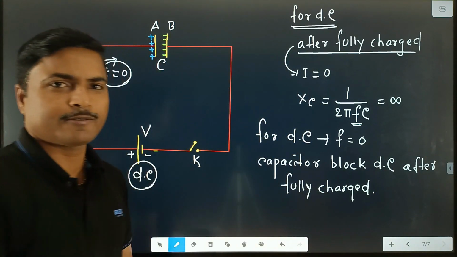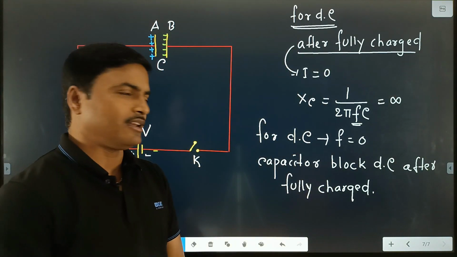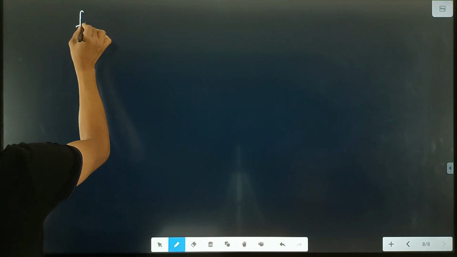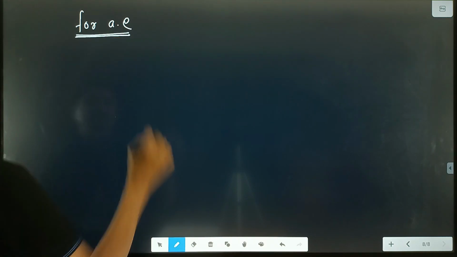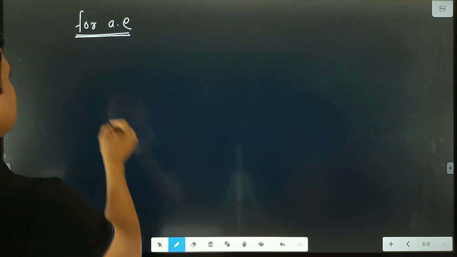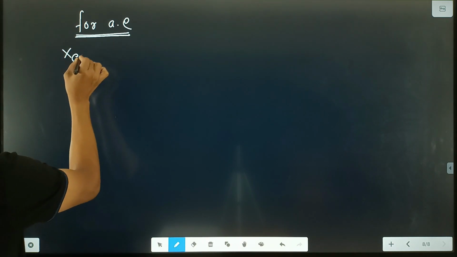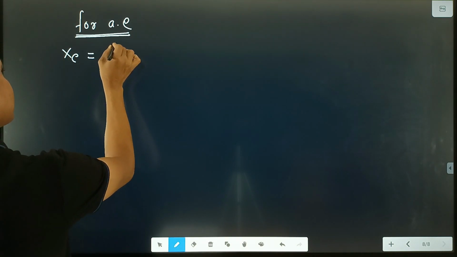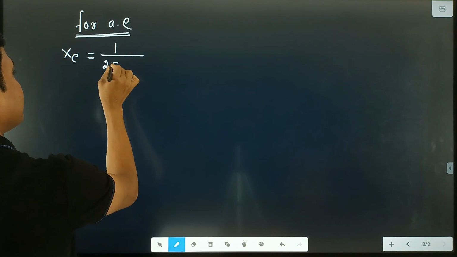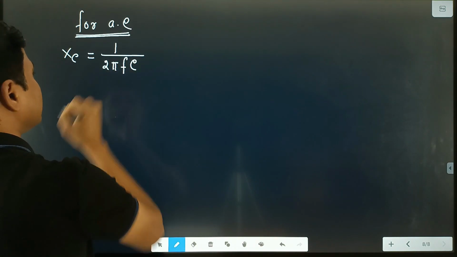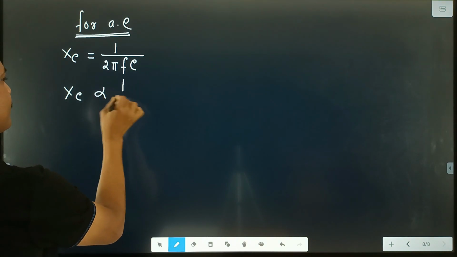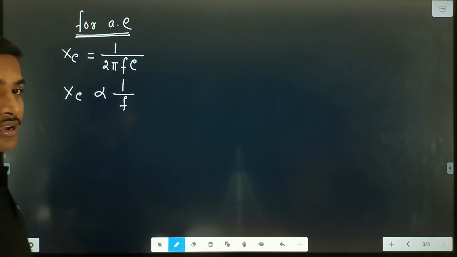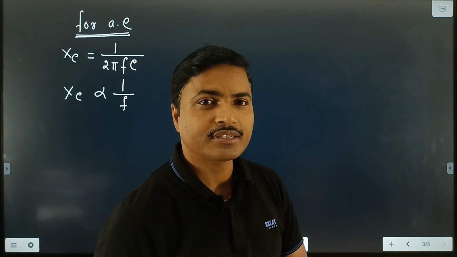After fully charged. Clear? Similarly, for AC, what happened? You know this is the expression for XC, the capacitive reactance, that is 1 divided by 2 pi f into C. That means capacitive reactance depends upon frequency.